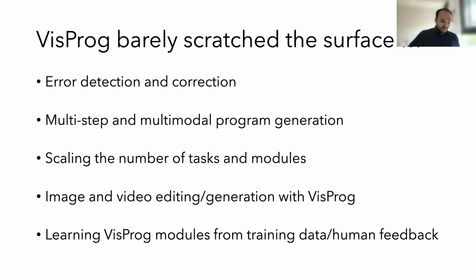And with GPT vision coming out, maybe some of you already have access to it, you can also do multimodal program generation. So instead of just generating a program based on the language description, you can generate programs given the input image as well. Sometimes that can be helpful, because given just a language description, the program can be ambiguous if you don't see the image.